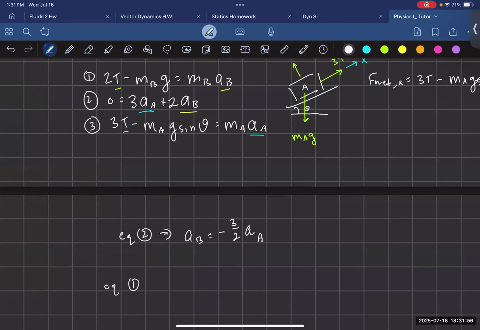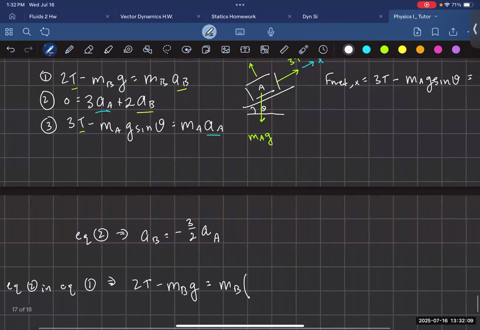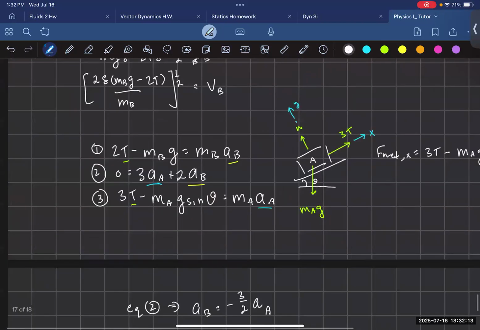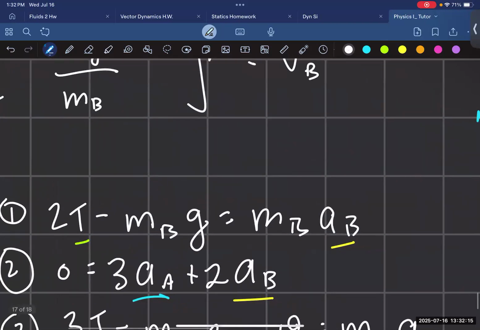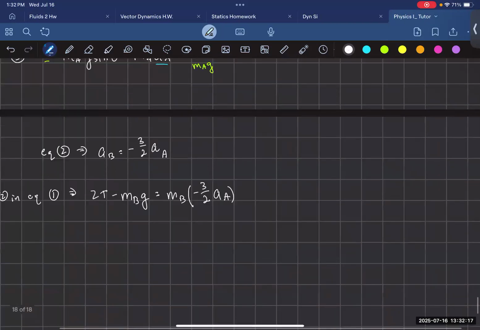So equation two in equation one, we get 2 times tension minus mass B times gravity is equal to mass B times negative 3/2 the acceleration of A, right? We just plugged it into equation number one, into the acceleration of B.